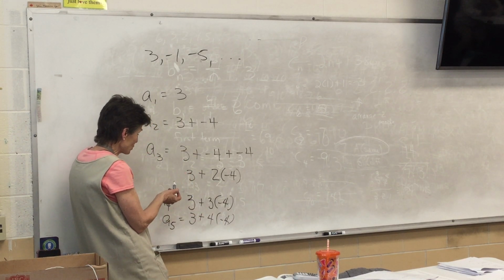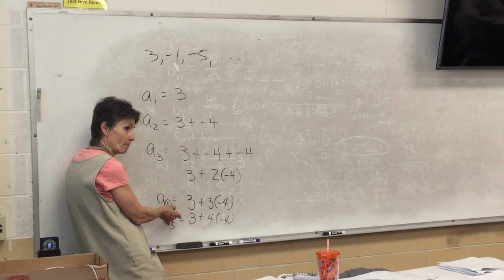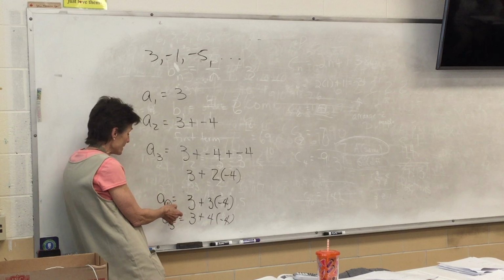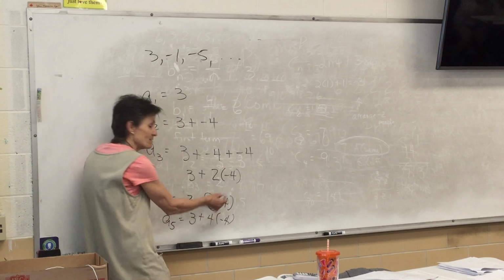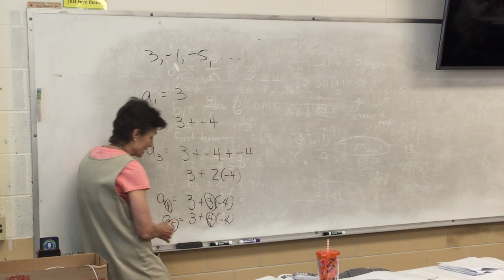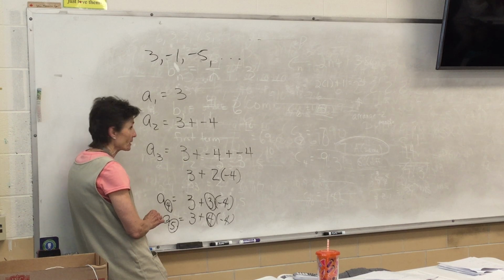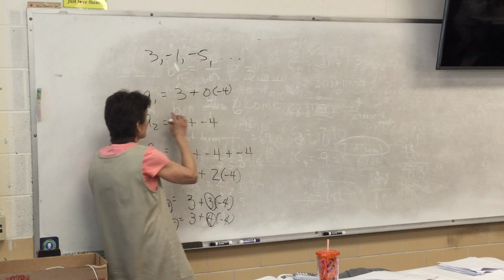Is there a relationship between this number, the term number, the fourth term, and the number of -4s we have? Even up here, I didn't have any -4s for the first term.